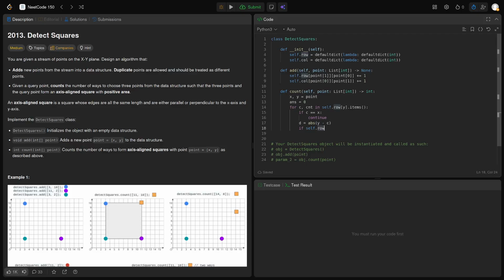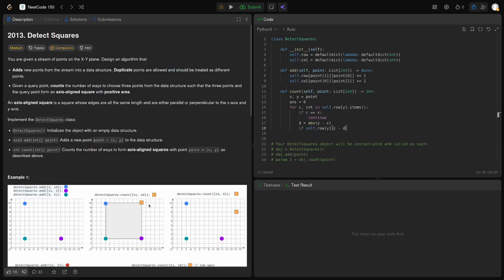And now if row of y, and then this is what, so column minus distance. Is it really that though?